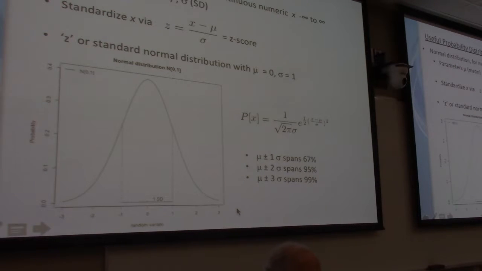And the reason this is important is because the standard normal distribution has a probability density function that relates the probability of any value that it can take on to its mean and standard deviation. And obviously you don't need to know that formula, but you do need to know the consequences. And we've talked about these before. The mean plus or minus 1 standard deviation covers 2/3 of the distribution. The mean plus or minus 1.96 standard deviations covers 95% of the distribution, and so forth.